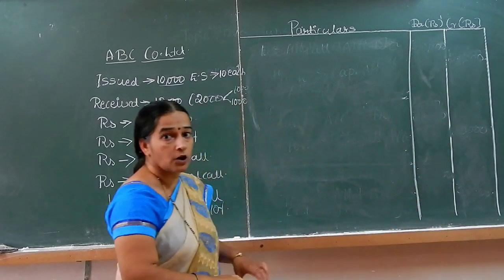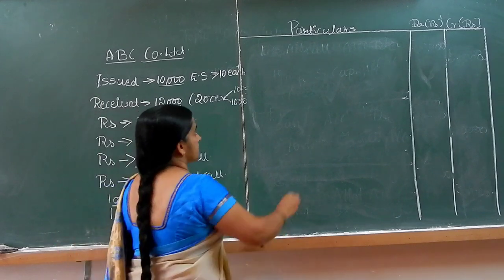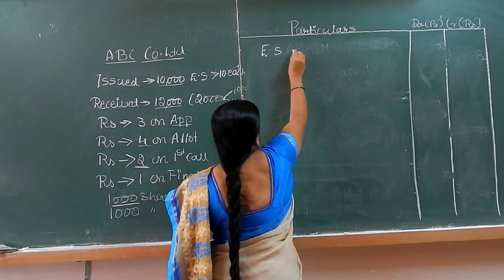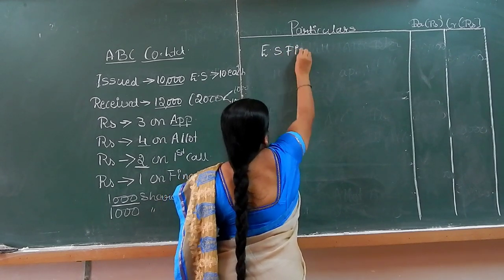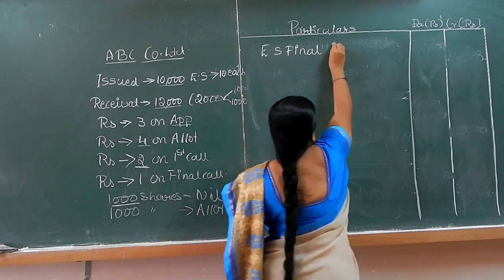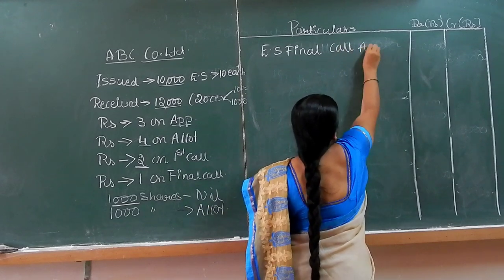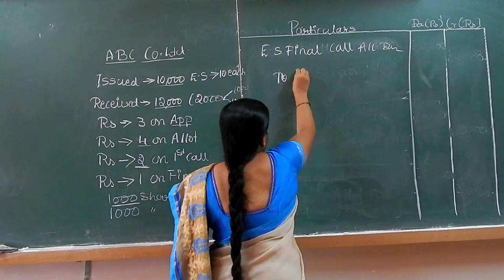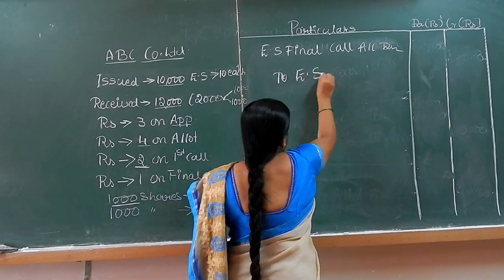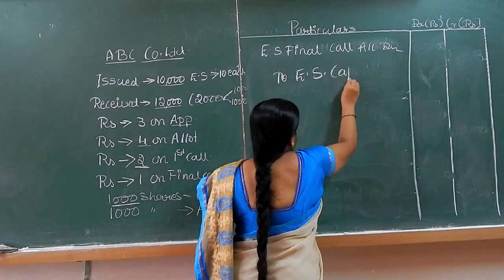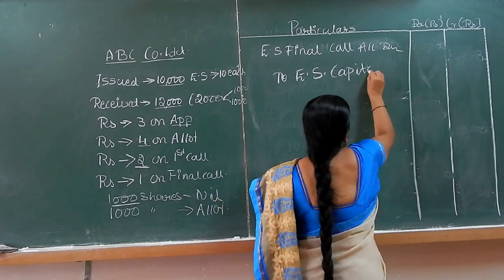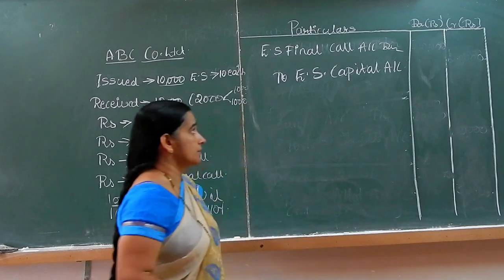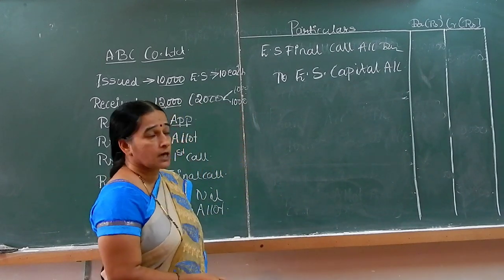So when the final call is due, we have to pass one entry: equity share final call account debtor to equity share capital account.